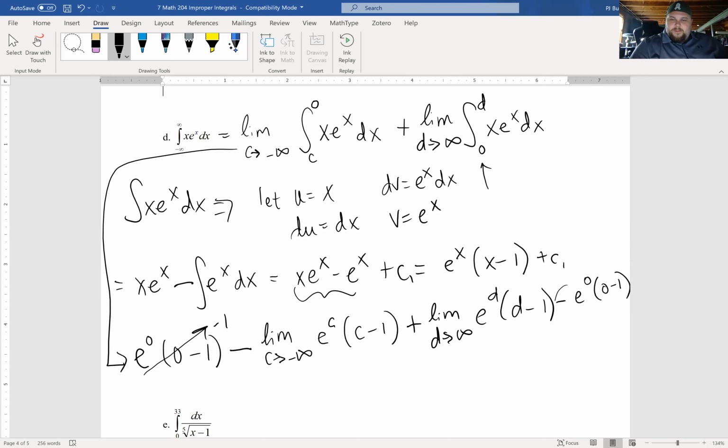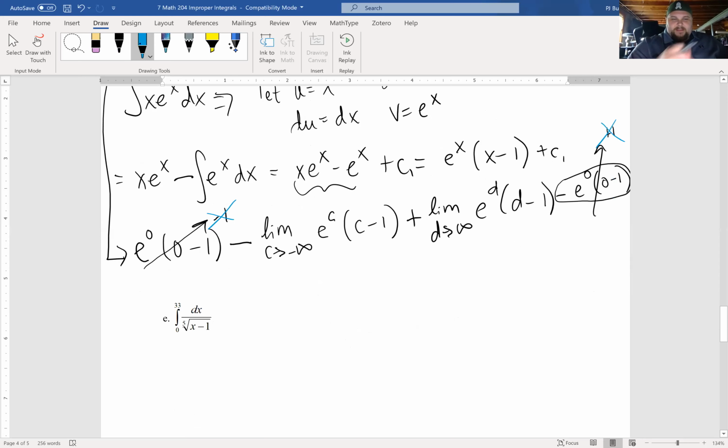So this times this is going to give us +1. So these two things will cancel one another. So now we just have to deal with these limits. So there is a reason that I broke them into two parts.